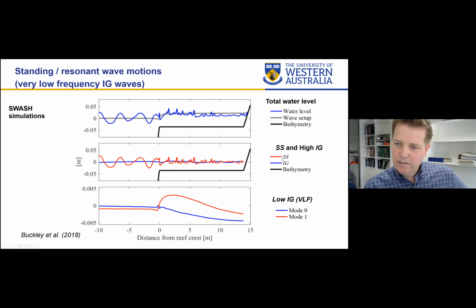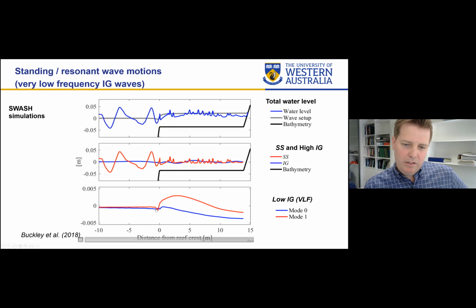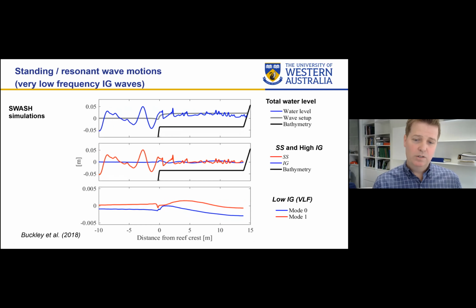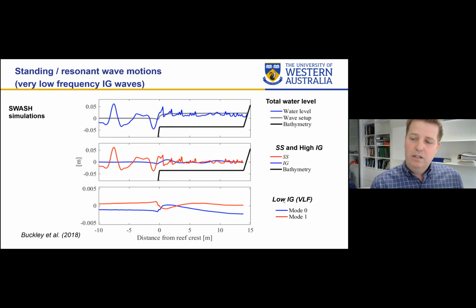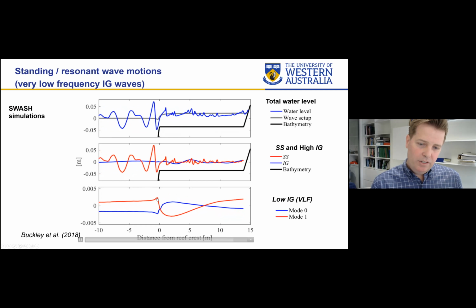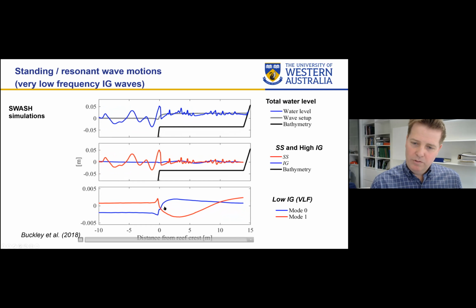This is the high part of the infragravity waves, relatively small. But you can see these really slow, low frequency motions, often called VLF or very low frequency motions, that are essentially oscillating across the reef, where we can get a mode 0, which you can see is always highest at the shoreline, and a mode 1, which has a node in the middle.